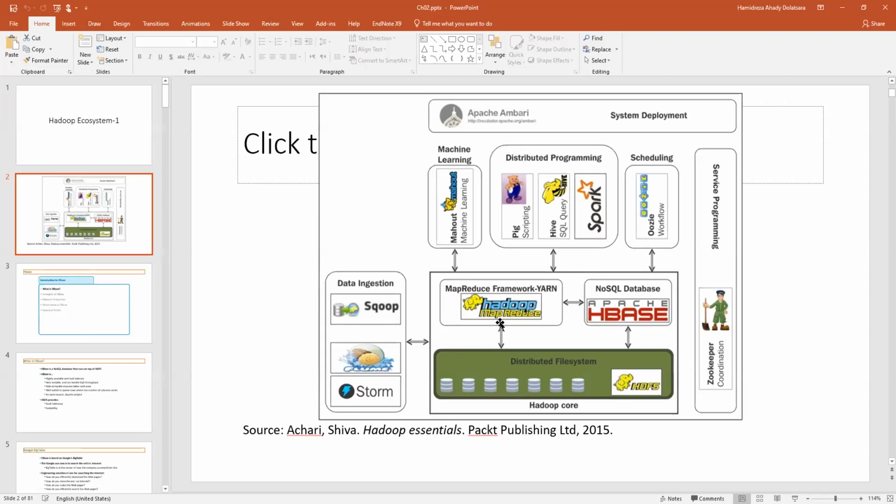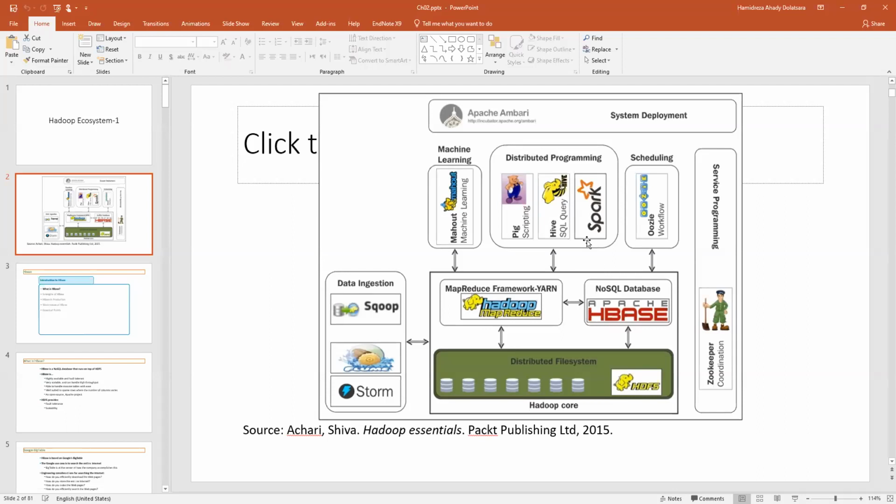For example, we have Pig and Hive. It's a kind of programming that you use mostly for managing your databases. Spark is the programming platform, and over Spark we have PySpark and RSpark. In PySpark, you do Python programming over the Hadoop ecosystem.